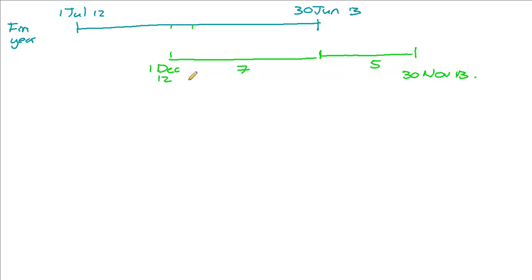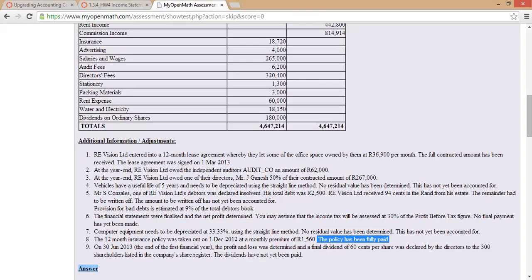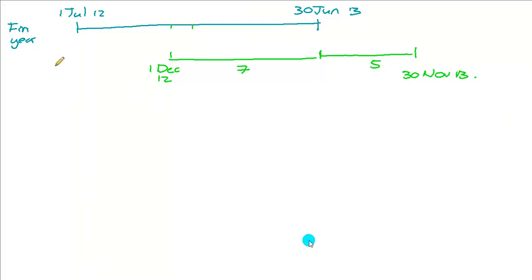The question says that we have fully paid the policy of 1560 for 12 months. So that means we have actually paid 1560 times 12.